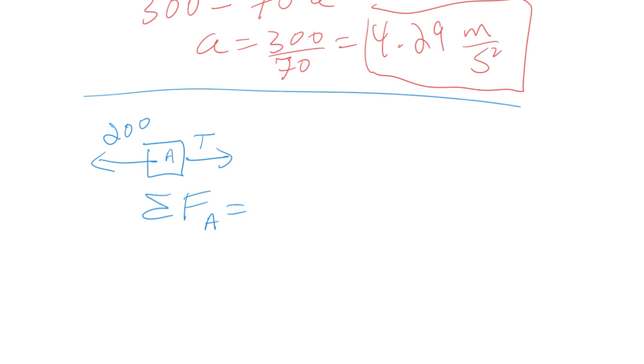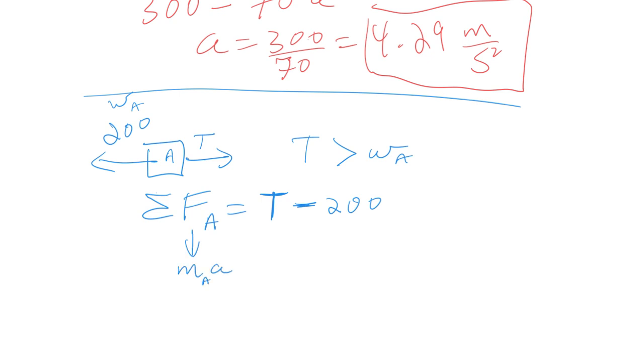So T has to be greater than the weight in this case. For the other one, the weight of B is greater than the tension. But I'm not doing the other one. I could, and I'd get the same answer for the tension if I did it for block B. So the net force on A is equal to T minus the weight. So this equals m times a.